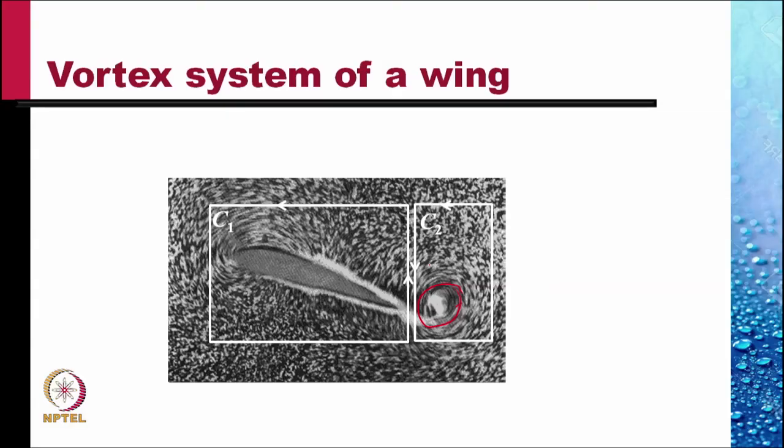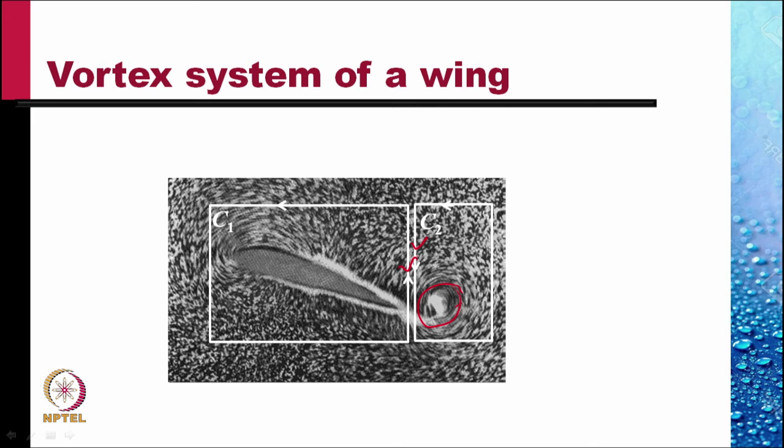Divide the circuit into two circuits, C1 and C2. The original circuit C was nothing but C1 plus C2. The contribution to circulation about these two arms cancel one another out. They are close together. Around circuit C2, there is a positive circulation because the flow around the starting vortex is counterclockwise.